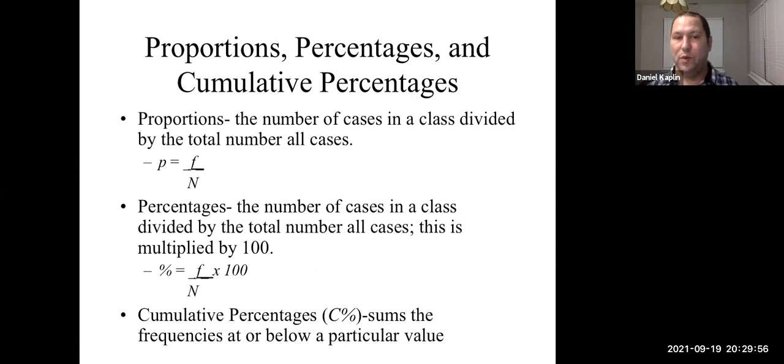That's going to be your proportion. That's always going to be a decimal. So when we do percentage, it's basically proportion times 100. So frequency of a score divided by the total number of scores times 100. And then cumulative percent is adding up the percent the same way we did with the frequencies.